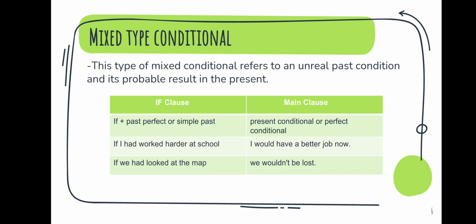The second type of mixed conditional sentence focuses on the past result of a present or continuing condition. Its form: the tense in the if clause is the simple past, and the tense in the main clause is the perfect conditional. As in all conditional sentences, the order of the clauses is not fixed.